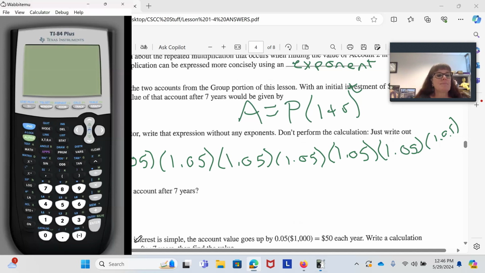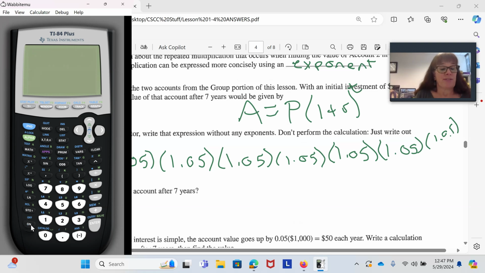It can take some minutes for the calculator to turn on. I don't know why. It's been behaving better today, but there we go.